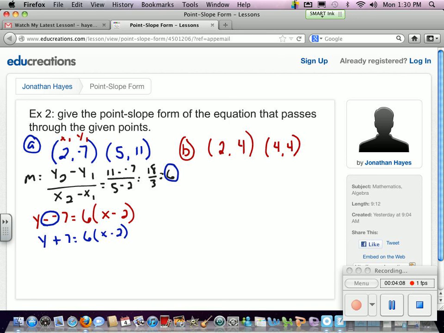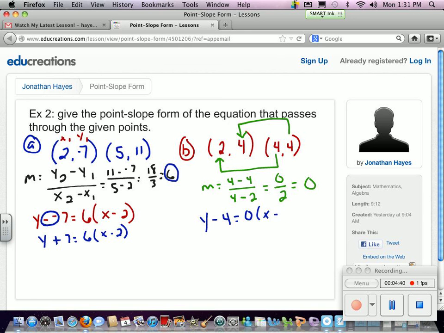Okay. And again, we're going to have to do the same thing on the other side. When we do the slope, we're going to have 4 minus 4 over 4 minus 2. So that slope would be 0 over 2, which is 0. Then when we substitute in, we're going to have y minus 4 equals 0 times (x minus 2).